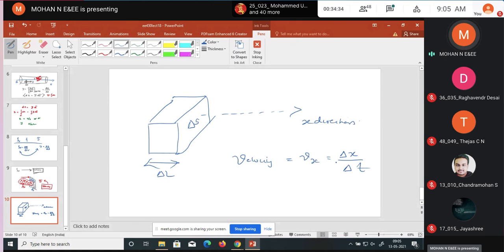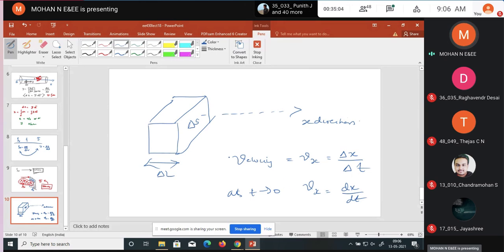The charge distribution in such a flow is treated as continuous, and the charge element of volume delta V covers a distance delta x along the x-axis in time delta t. As t tends to zero, we can denote Vx as dx by dt.